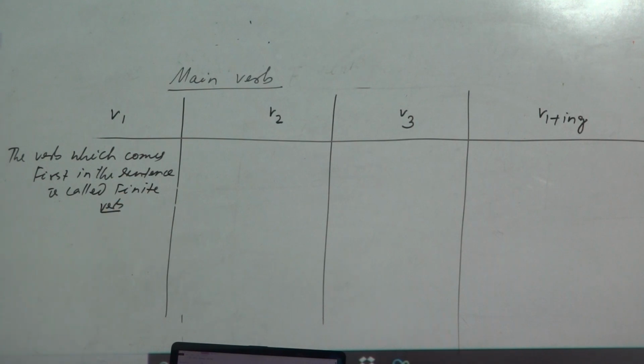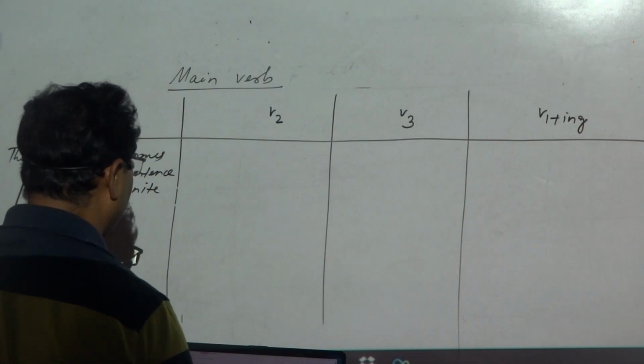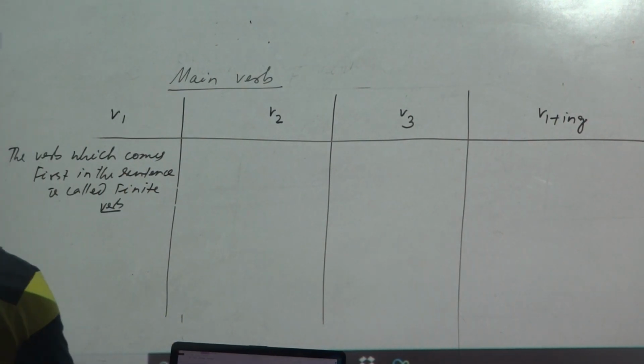Okay. The verb which comes first in the sentence is called finite verb, and the second verb, third verb, fourth verb, they are not at all finite verbs. They are only non-finite verbs.